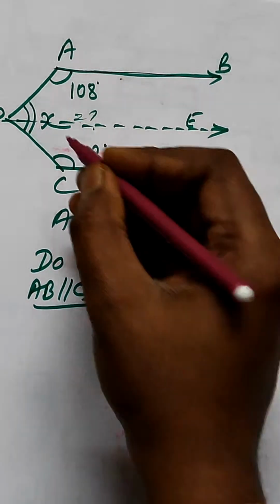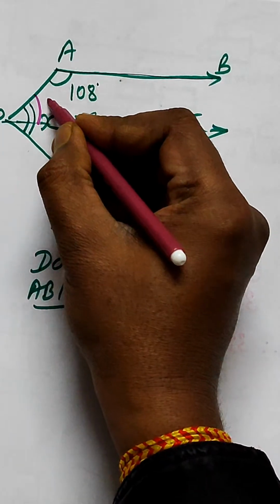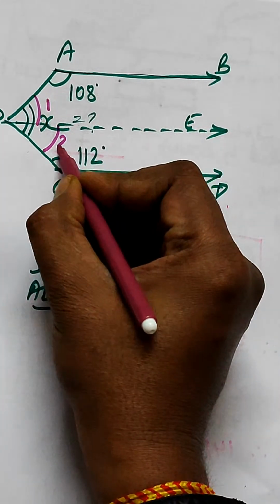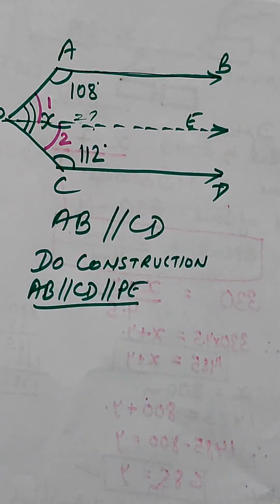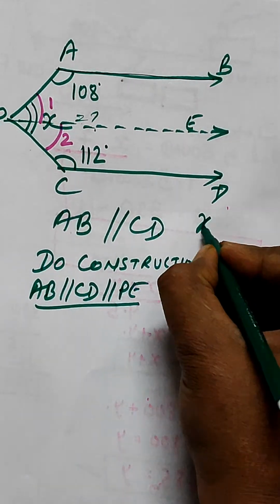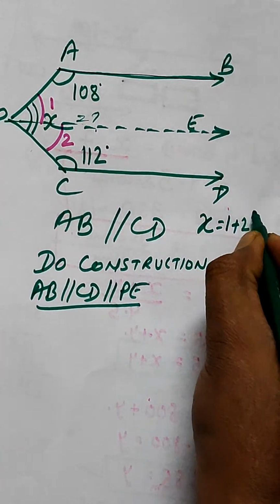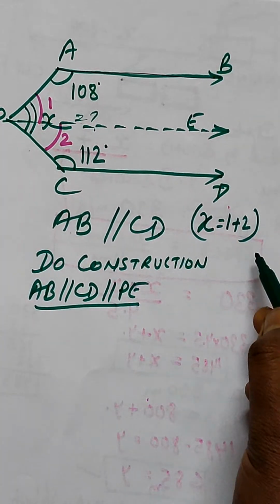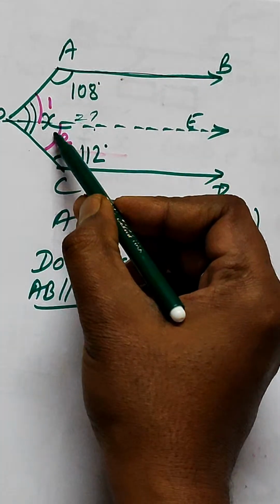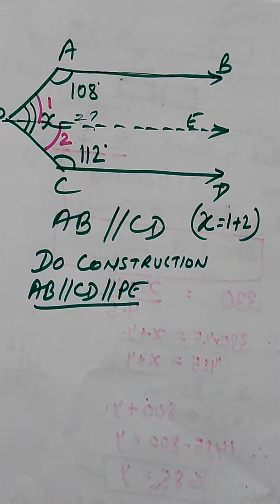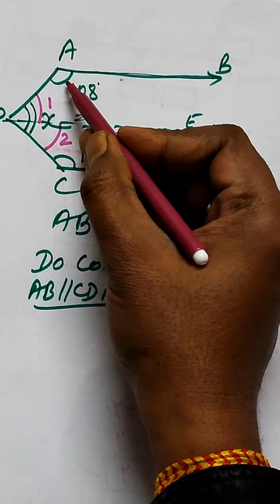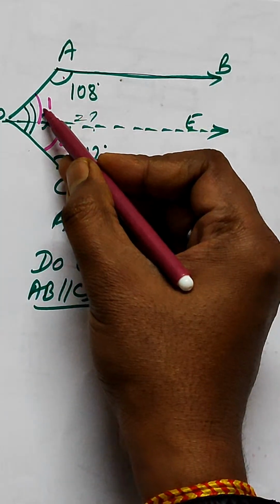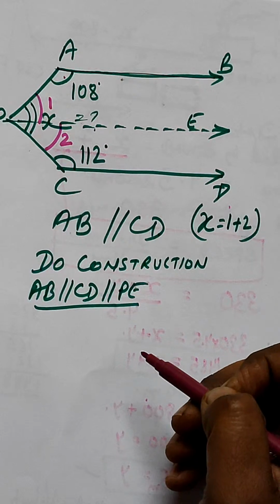Now break this angle X into two parts. Let's say this is angle 1 and this is angle 2. We can say that X equals 1 plus 2. We know that when two lines are parallel, AB and PE are parallel, so angle 108 plus angle 1 will be 180 degrees.